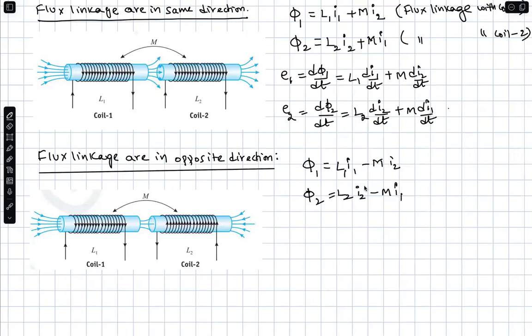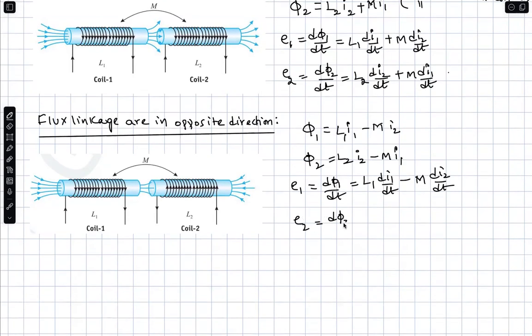Similarly, in the same case, you can write the EMFs also. Therefore, induced EMF, I'm straight away writing: E1 is d phi 1 by dt, which is L1 di1 by dt minus M times di2 by dt, and E2 is d phi 2 by dt, which is L2 di2 by dt minus M times di1 by dt.